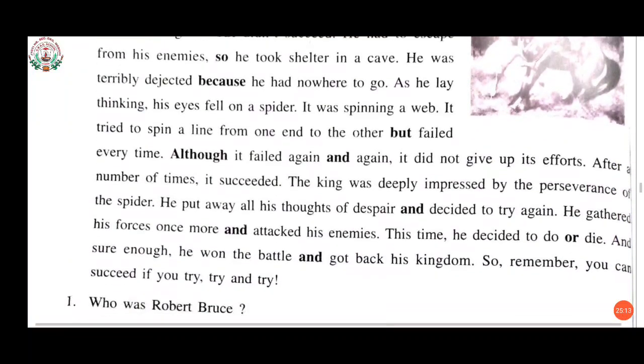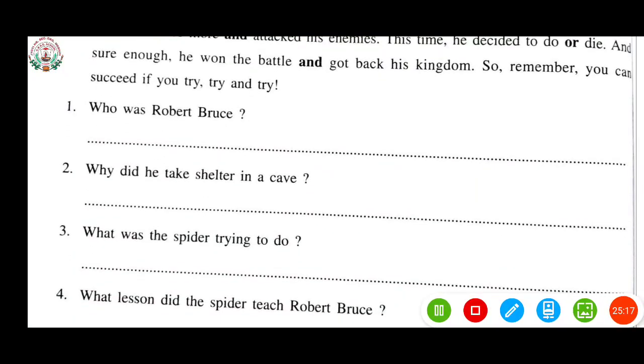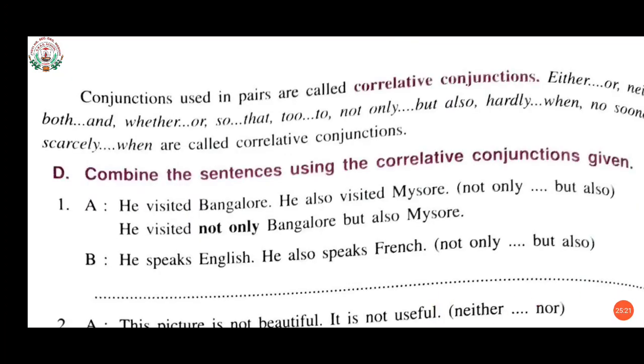Just go through this passage and try to write the answers on your own. Here, students, the next is conjunctions, that is correlative conjunctions, which are usually used in pairs. As you can see, correlative conjunctions are either or, whether or.